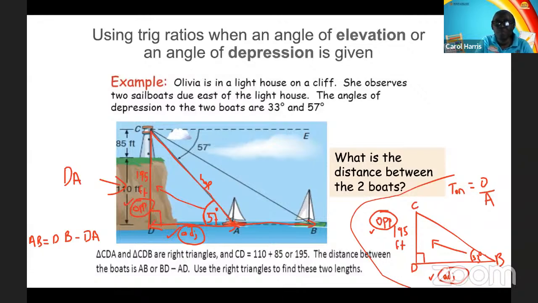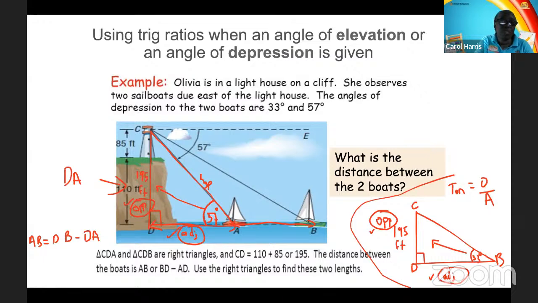Miss, how would you know not to use the hypotenuse, seeing that the 57 degree angle is kind of close to the hypotenuse as well as the adjacent? How would you really know which one you're using? All right, think about what you need and what you know.